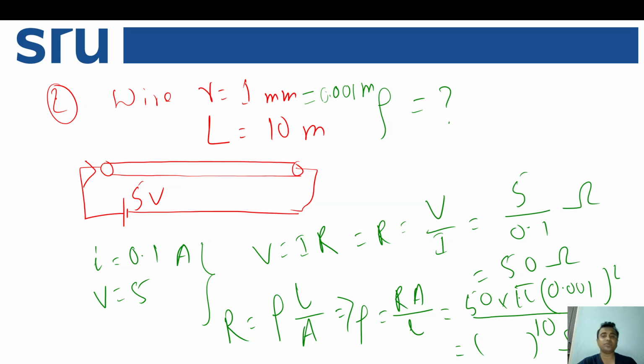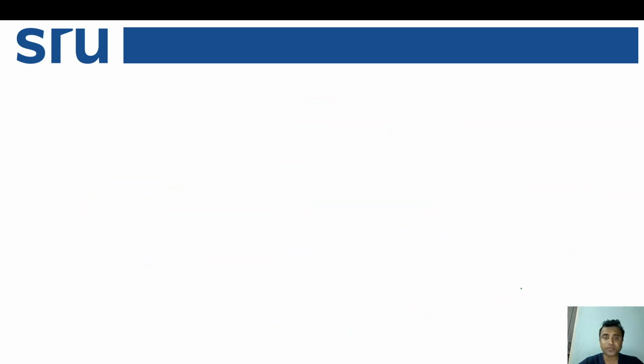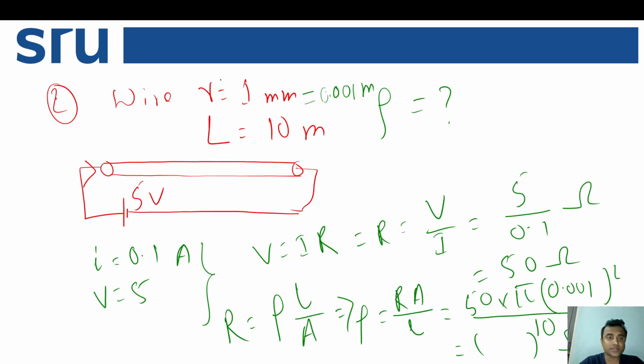So this is how you can calculate resistivity. Let me just go through it again. We are given a wire radius, which is converted into SI unit, and the length is already in SI unit. Then you calculate R first, R equal to V over I, with V equal to 5 and 0.1 the current in amperes.